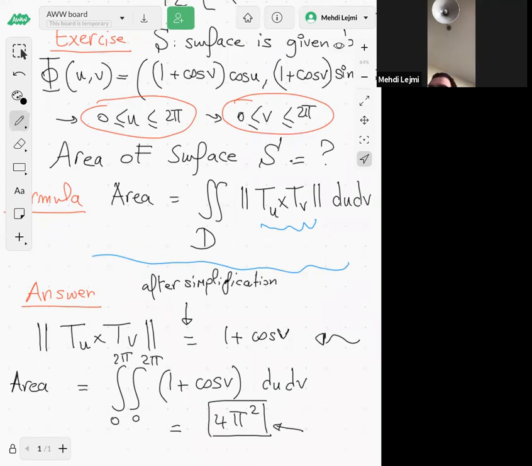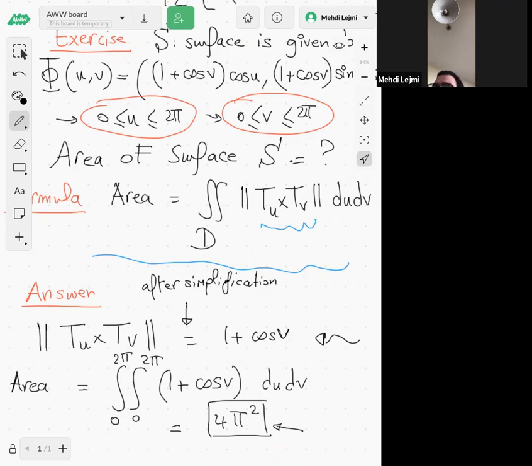All right, guys. Do you have any question about this area of surfaces? I hope you understand again the difference with what we did in chapter 5. It's really important that you distinguish between what we did in chapter 5, which was the double integral, the area of elementary surface in the plane, and what we are doing now, which is the area of a smooth surface in space, not necessarily in the plane.